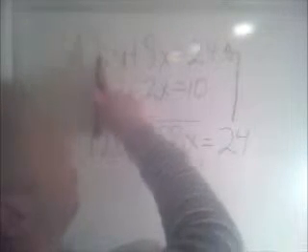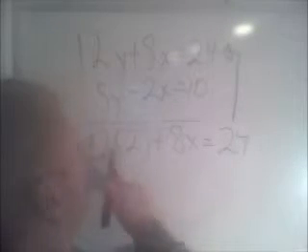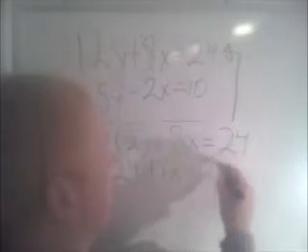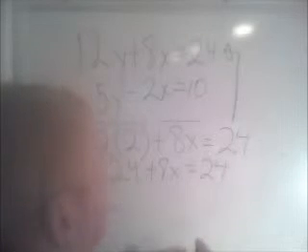All we do is we substitute it in here. y equals 2. So 12 times 2 plus 8x equals 24. 12 times 2 is 24, plus 8x equals 24. We see a 24 on both sides. That's going to give you an idea of what the solution is going to be.